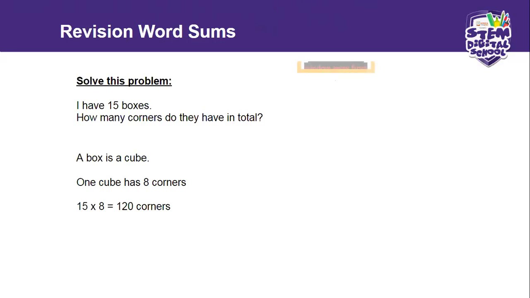So when we multiply 15 boxes by 8 corners, it gives us 120 corners. Remember, any queries that you have, just note it for yourself and we will talk about it.